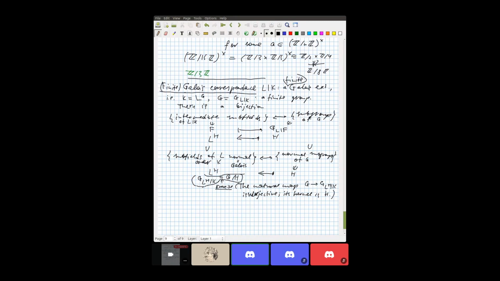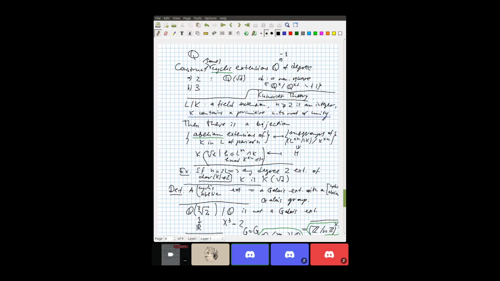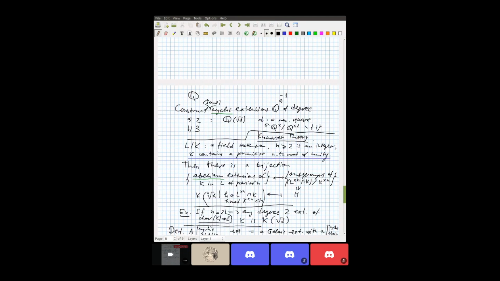Actually, what we can do is construct at least some abelian extension and then pass to some intermediate subfield of this abelian extension. And by the way, do you remember, so far we have constructed not only Kummer theory.